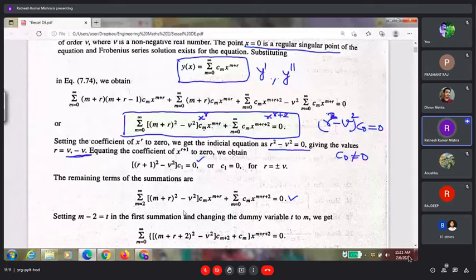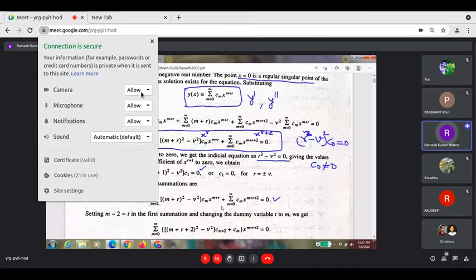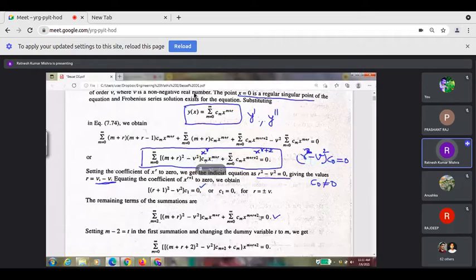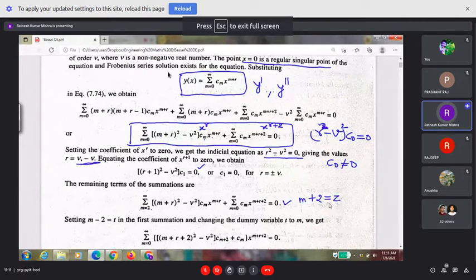Now there are two choices. Either this one starts from m equal to 0 to infinity. So this is already 0 to infinity. The second choice is that this starts from 2 to infinity. That is, m plus 2, suppose this is equal to z.